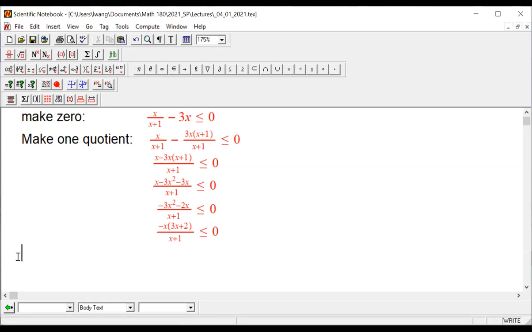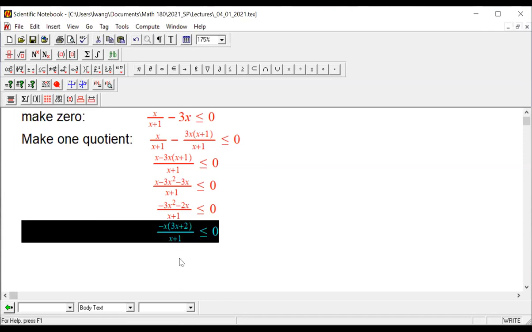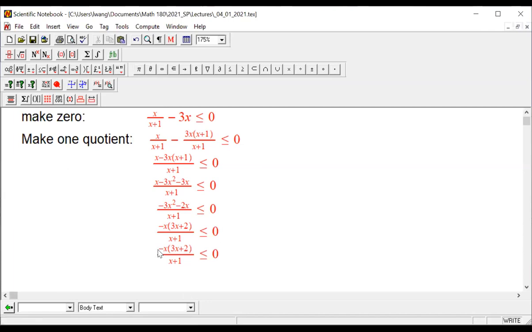If I multiply both sides by -1, then I will have this. The negative sign disappears, so this is greater than or equal to 0. So this is my one quotient with factors. Okay, the other technique that's very, very useful is factoring.